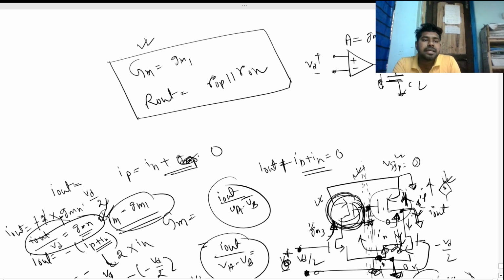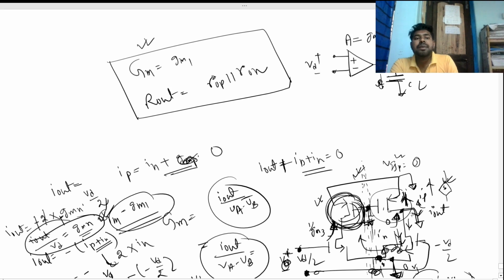But if there is a capacitor, there must be a pole, because this is a storing element. But what should the pole be? We know that to find the pole, we need to find the effective capacitance from this node to ground, and the effective resistance from this node to AC ground.